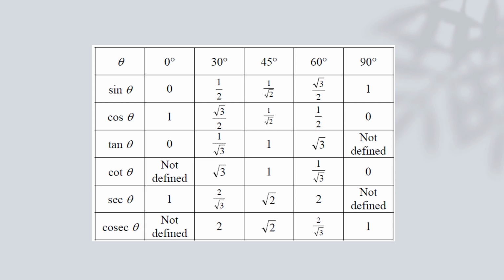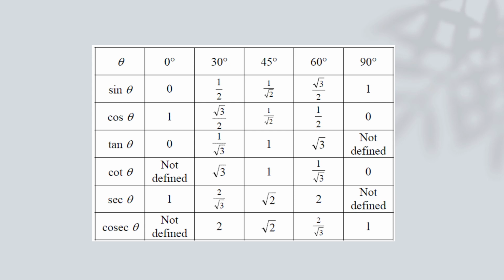Similarly, this table is something you can note down and try to remember when we are doing some of the problems in later sessions. So you can see the relationship between the value that theta will get.